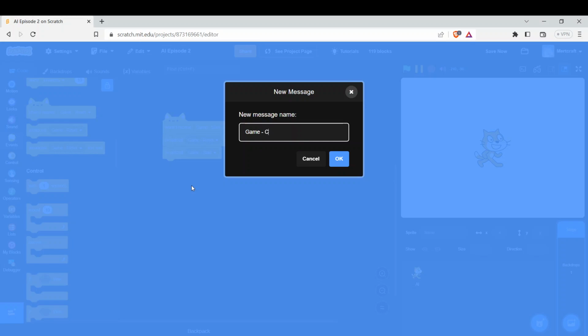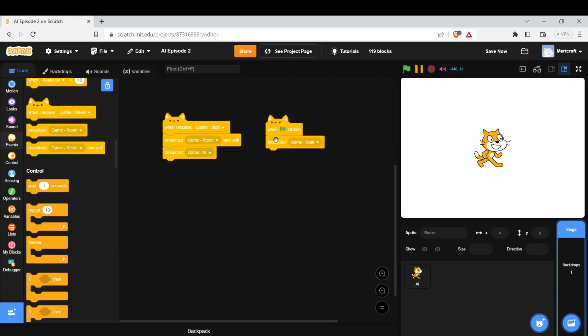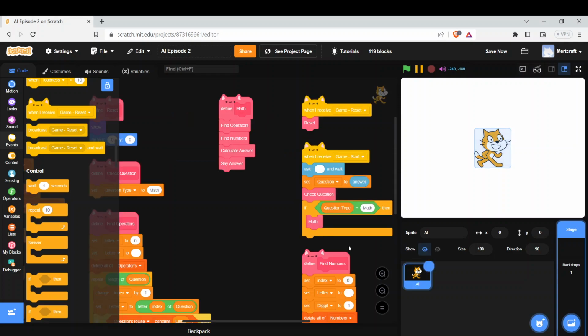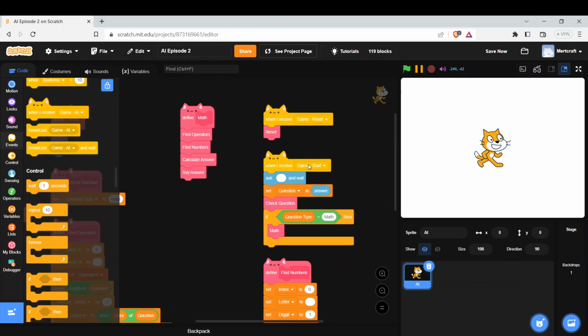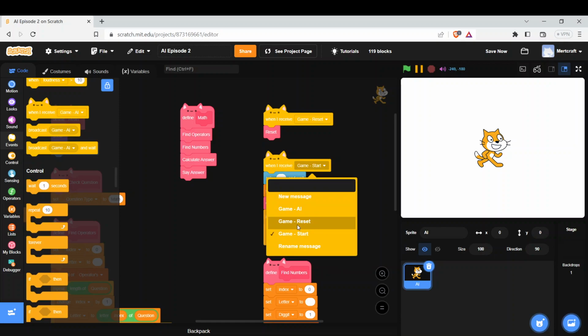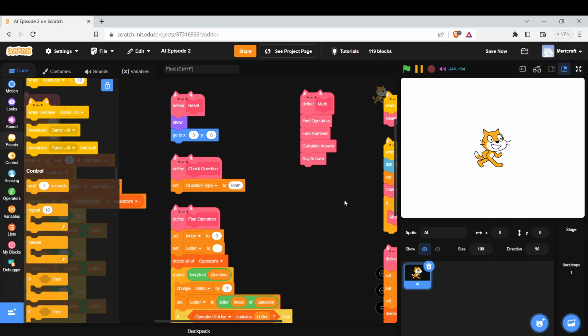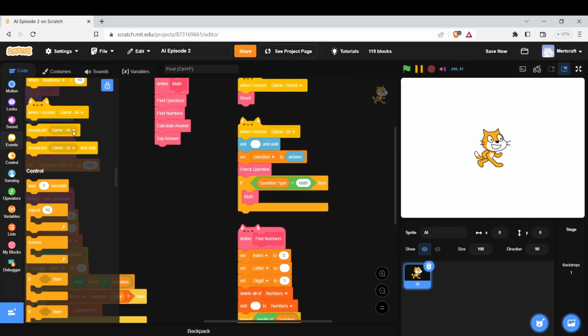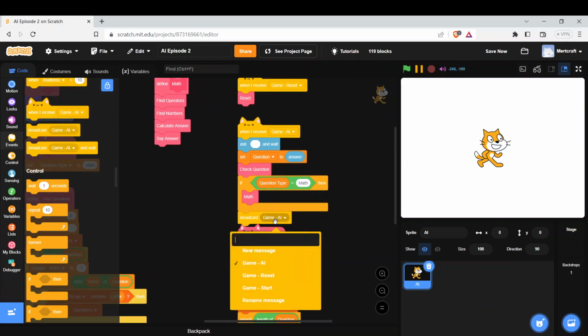Let's just call this game dash AI. And go to the AI and change this when I receive game/start to a when I receive game/AI. And after all of this, you can put a broadcast game/start.